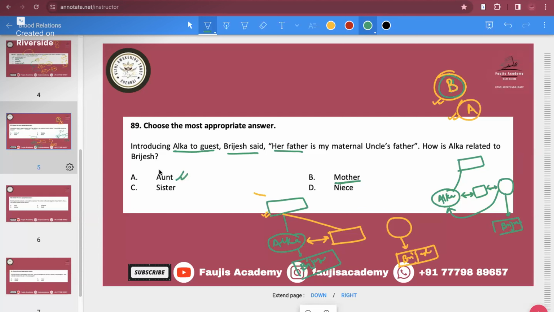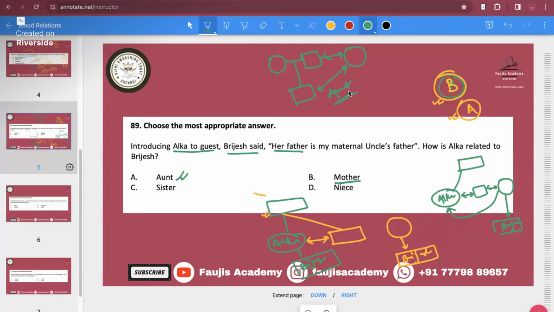An aunt is like what? This is your mother, this is your father, and this is you. Her sister will be the aunt, so you say the relationship between them is aunt or auntie, whatever you say.